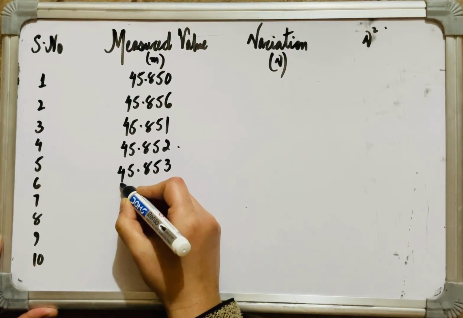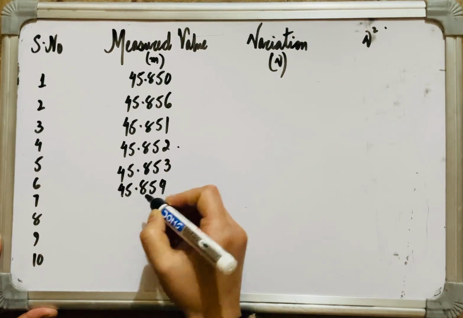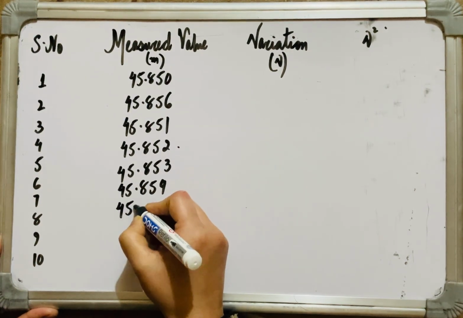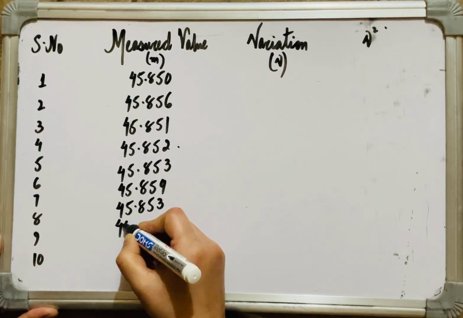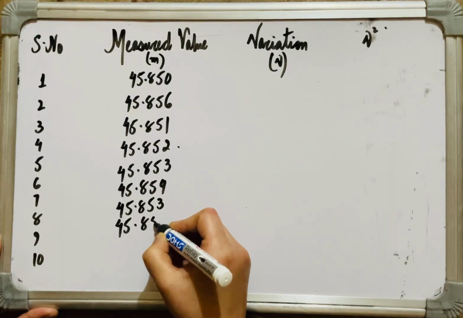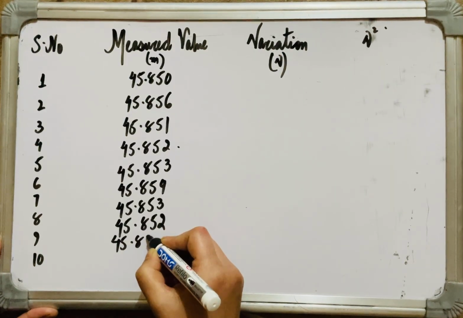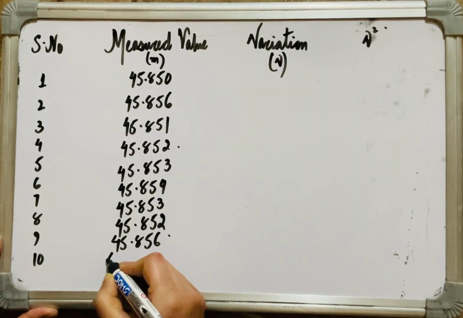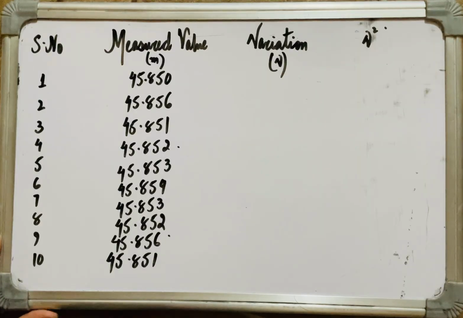Then we have 45.854. Then comes 45.853. Then we have 45.852, 45.856, and lastly we have 45.851. All right, so these are the measurements which have been taken, and we have to calculate the relative precision.